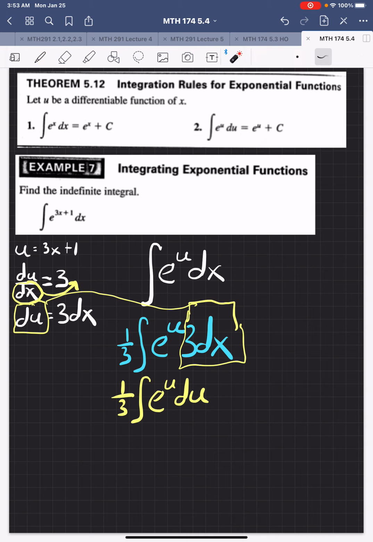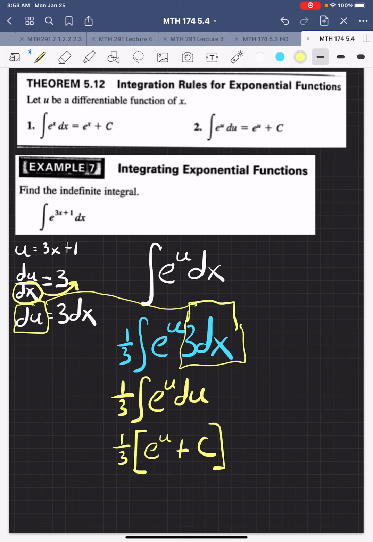So I can now integrate with respect to u. Not a problem. What is the integral of e to the u with respect to u? It's just e to the u plus c. So this is 1/3 times e to the u plus c.